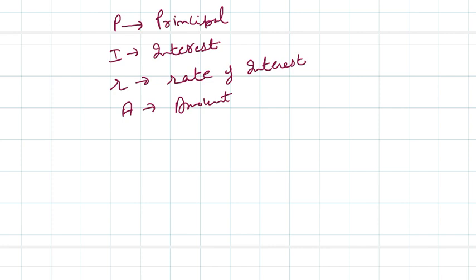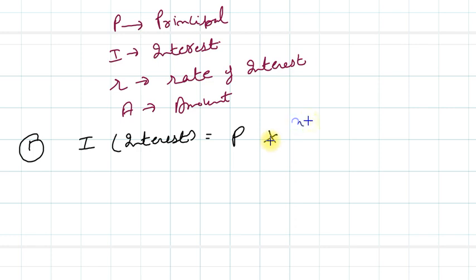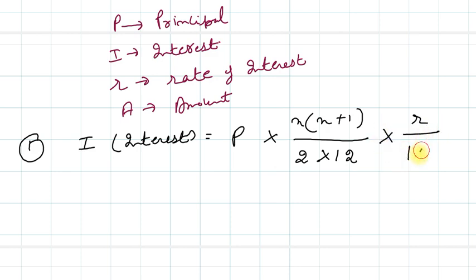And the basic formula number 1 for this chapter: we have to first calculate interest, right? This interest is principal into n into n plus 1 upon 2 into 12 into r upon 100, right?